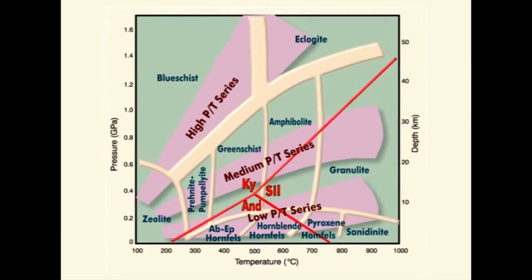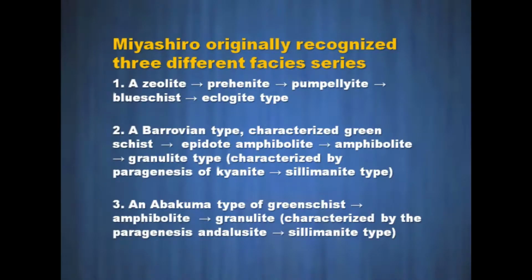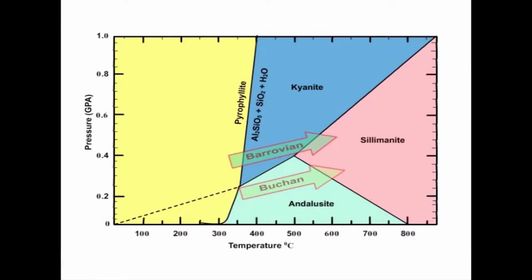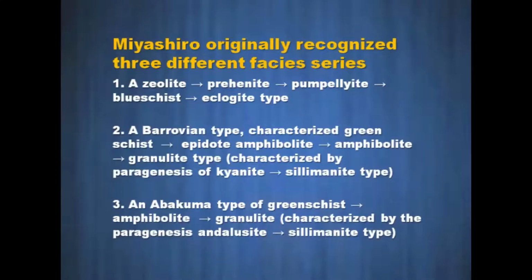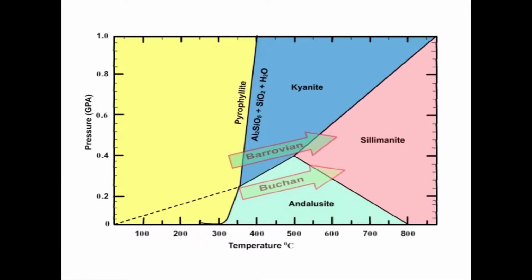Second, a typical Barrovian type characterized by greenschist, epidote amphibolite, granulite type with paragenesis of kyanite-sillimanite type, and third, an Abukuma type of greenschist, amphibolite, granulite characterized by paragenesis of andalusite-sillimanite type.